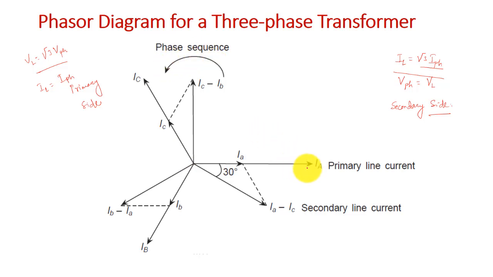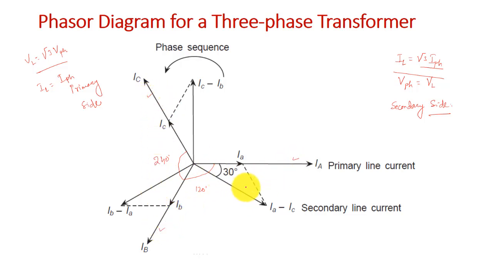When I draw IA here, then your IB will be 120 degrees lagging, and your IC is 240 degrees lagging from IA. So this is your IA, IB and IC here.